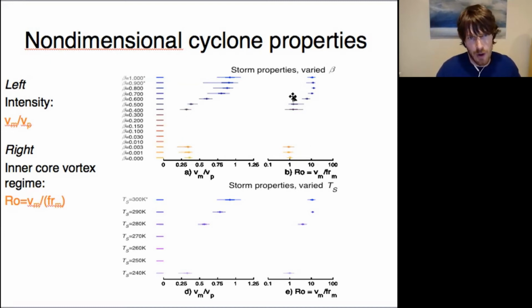And similarly for inner core Rossby number, you have cyclostrophic balance hold well for both moist storms and warm storms, and there's a gradual transition towards gradient wind balance, weaker winds, as you go towards the dry case. The point that I want to make is this transition is not between a block of moist storms all with one set of properties and a block of dry storms with very different properties and a discontinuity in between.